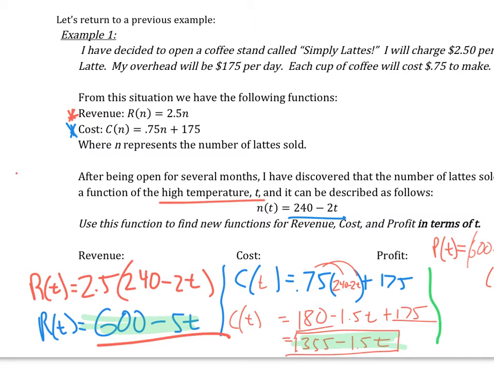Okay? So this is subtraction, so we have to distribute this negative out. It goes to both. We can just combine like terms. 600 minus 355 is going to give us 245. And we've got negative 5T minus negative 1.5T, which becomes a plus, so this is going to be minus 3.5T.